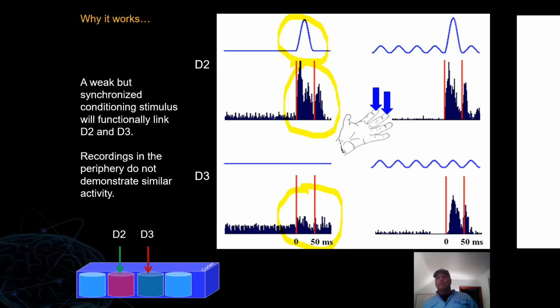Now digit 3 has activation. This little bitty carrier frequency made the activity in digit 2 transfer over to digit 3.